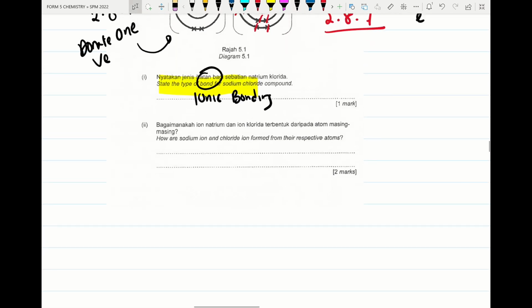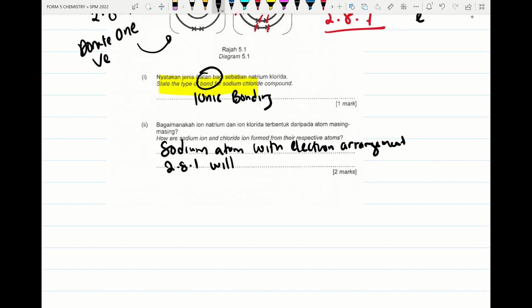Next, how sodium ion and sodium chloride form from their respective atoms. So we put here: sodium atom with electron arrangement 2.8.1 will donate one valence electron to the chlorine atom.